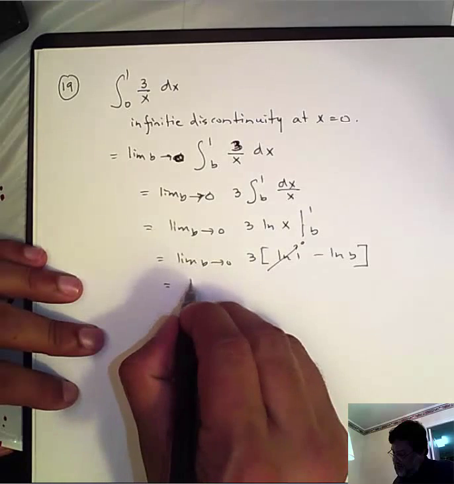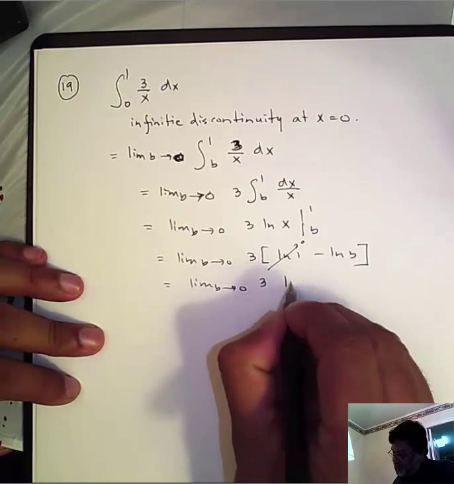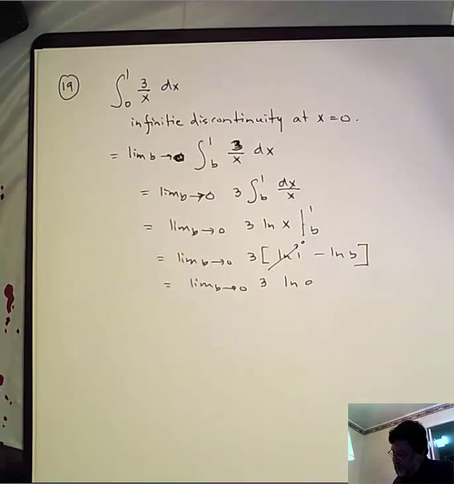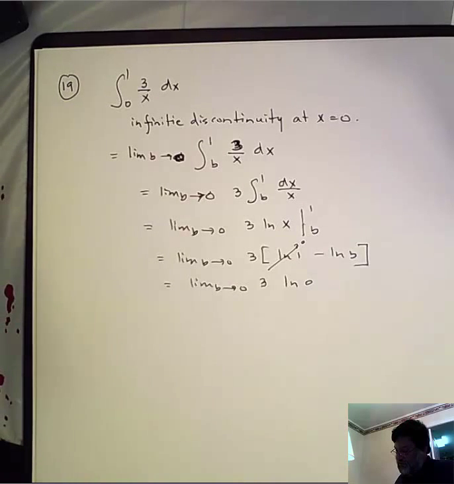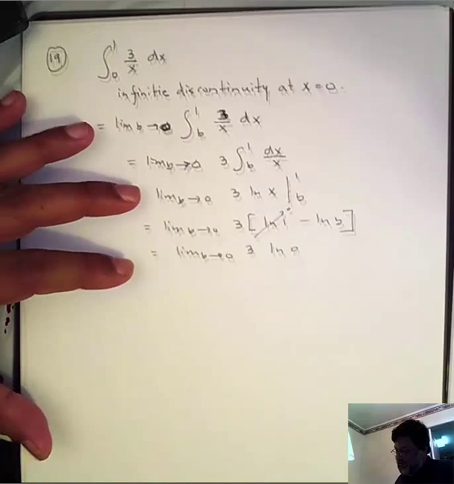So I have, okay. So what is ln of 0? Well, if you think of the domain of ln, what does that indicate?